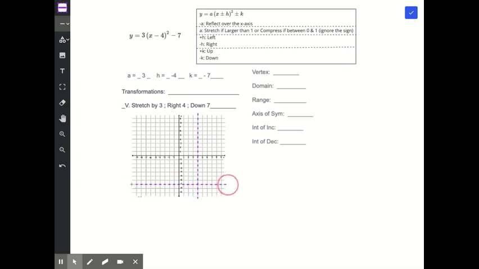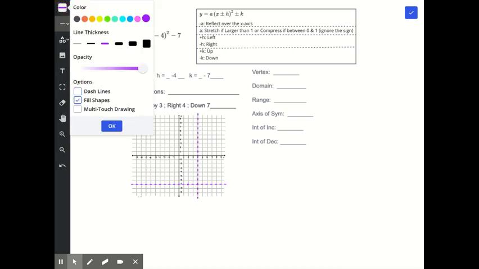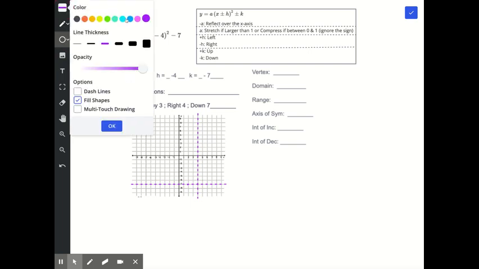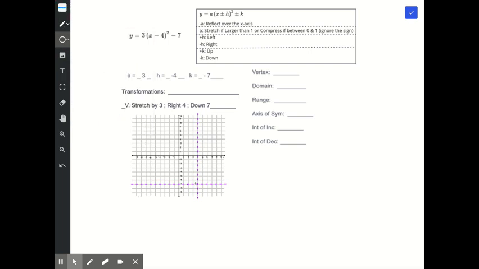Well, here are my new axes. And the first thing I have is a dot. I found my vertex. Now, we've done everything with this right 4, down 7.